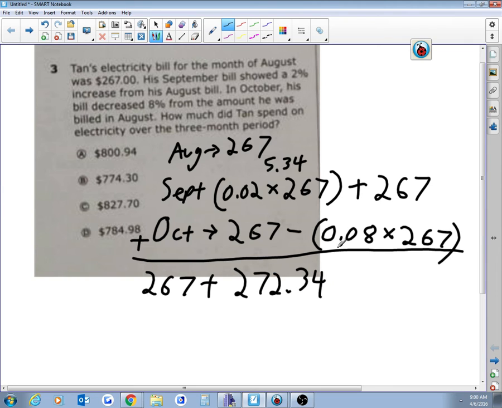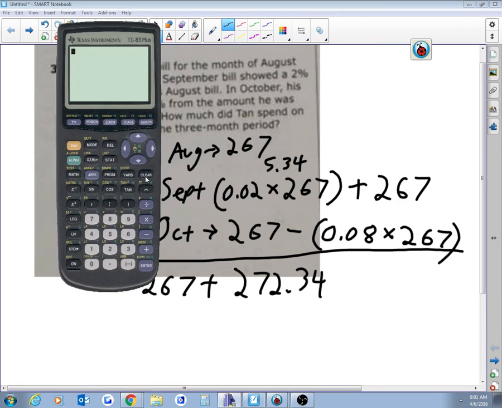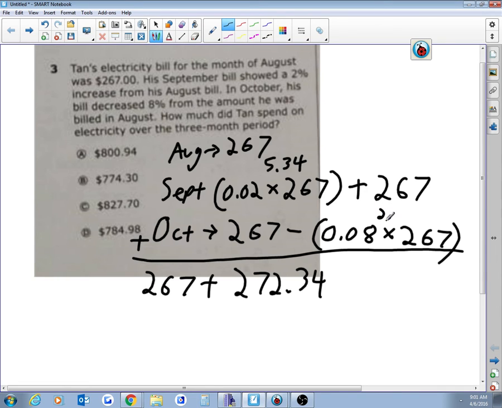272.34. Remember, we got to do the parentheses before anything else. So for October, we're going to have to find 8% of 267. So that's going to be 0.08 times 267, which is 21.36. We're subtracting that from 267.